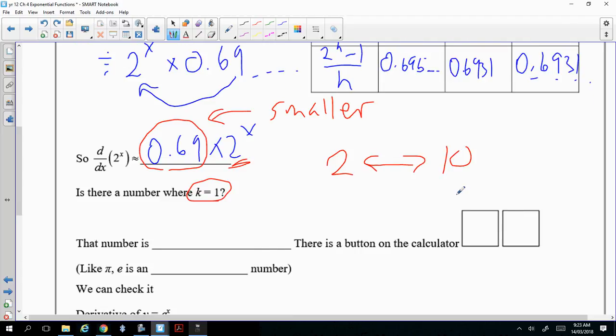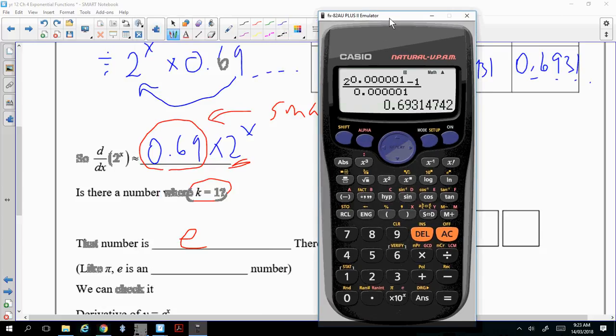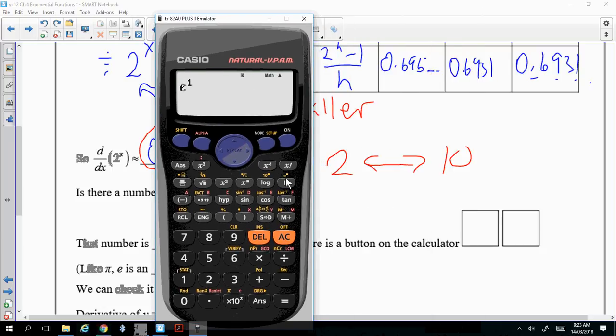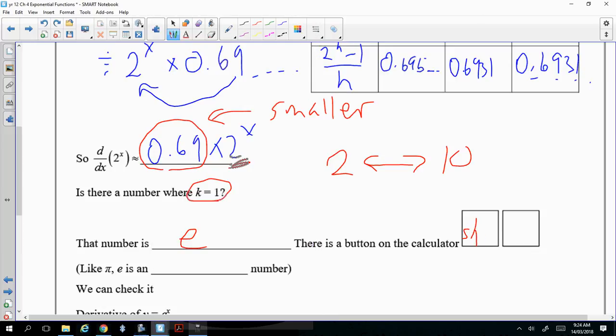There's a button on a calculator that calculates e. So e is over here. You press shift, ln. Actually, this is not a good way.